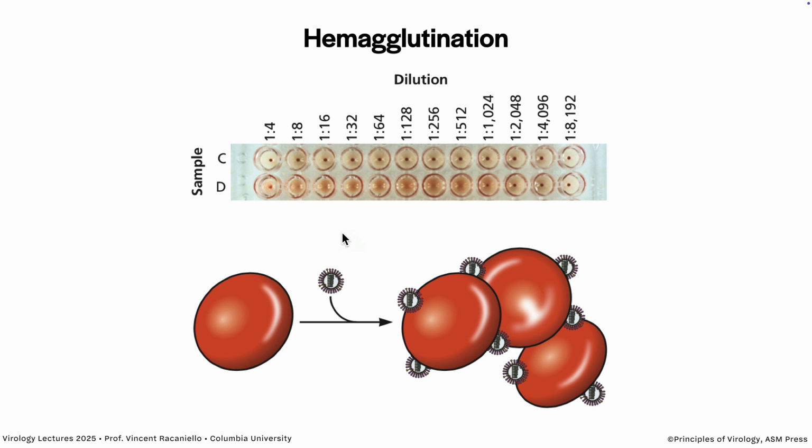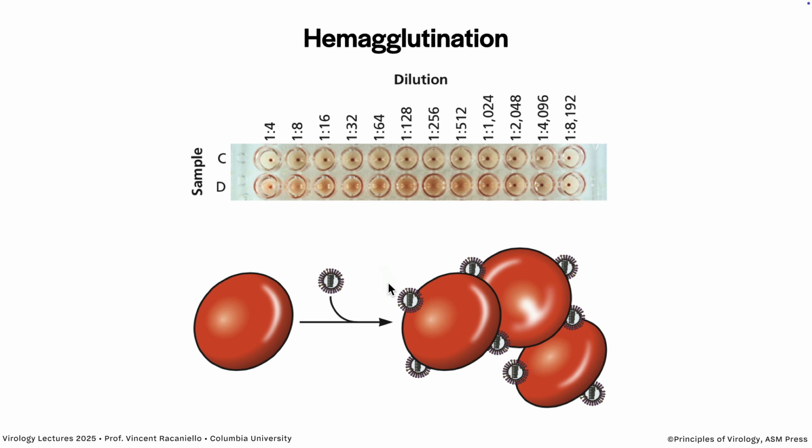So here at the top, for example, is an example of doing a hemagglutination assay with influenza virus. So we have dilutions of virus, and then we incubate and look for the red blood cells coating the well. So if they form this lattice, they will coat the well.